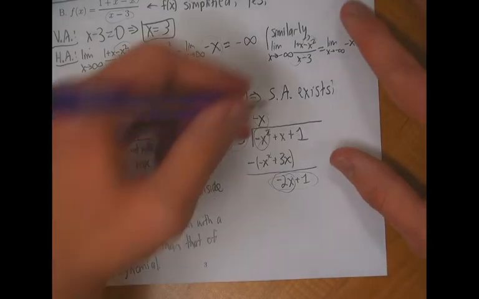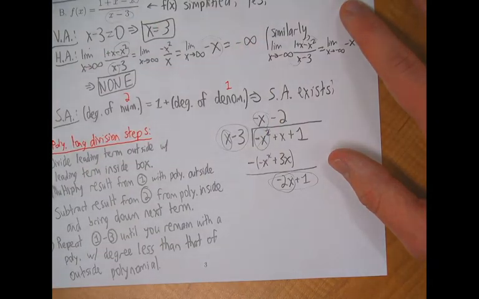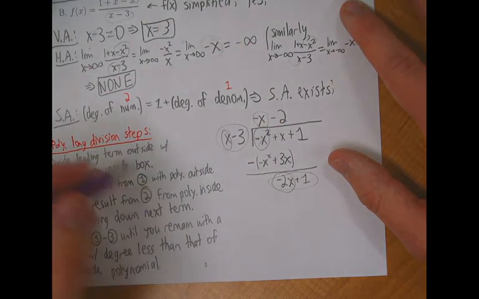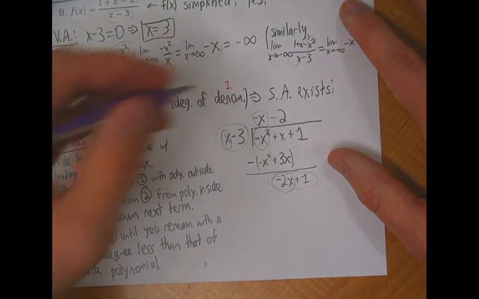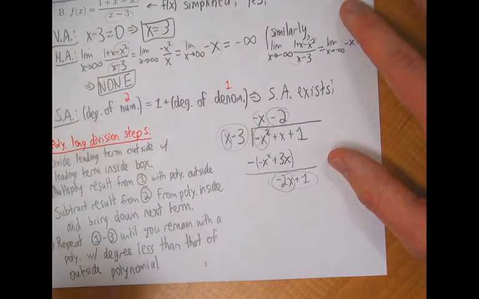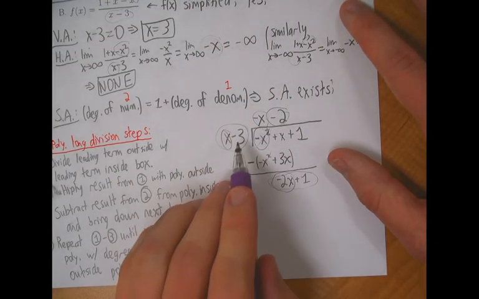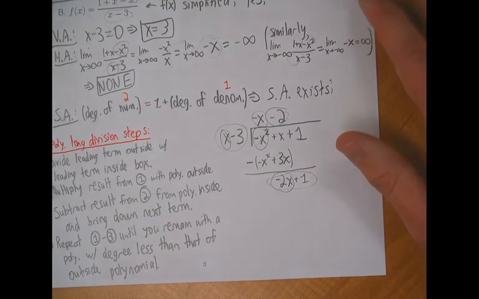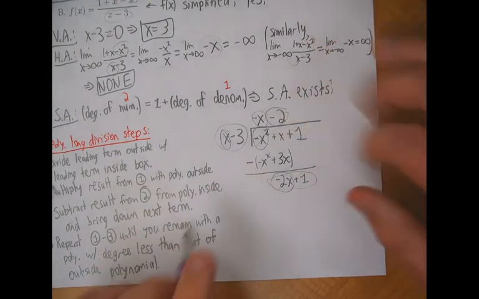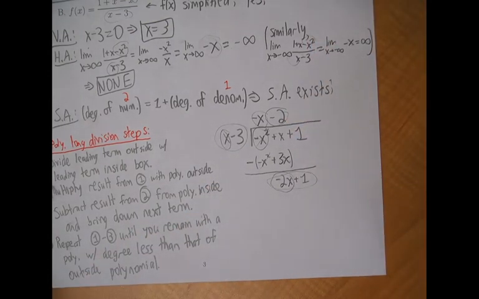Now we put negative 2 over here. Now we multiply the result from step 1, negative 2, with the polynomial outside. If we multiply negative 2 with x minus 3, what's our resulting polynomial?